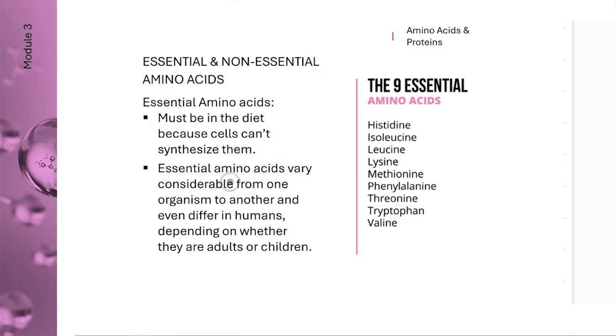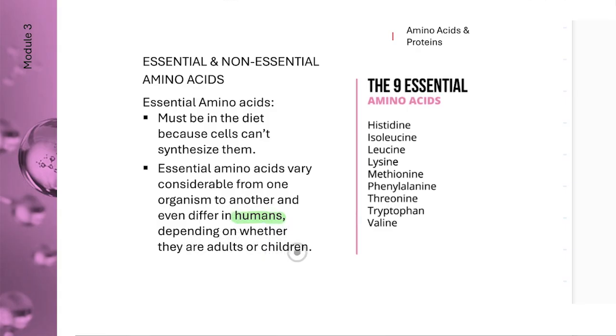at humans. So for us, what are the things that make up those essential amino acids? It's interesting that apart from the essential amino acids varying from organism to organism, even in humans, the essential amino acids slightly vary depending on whether we are adults or children.